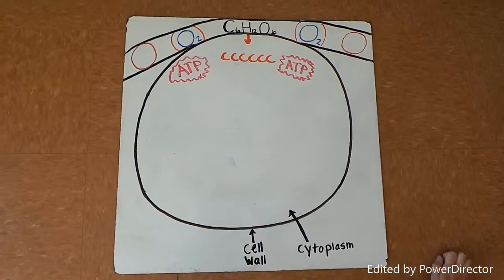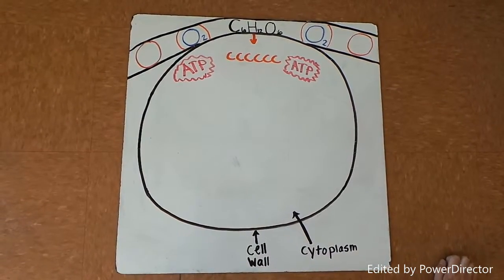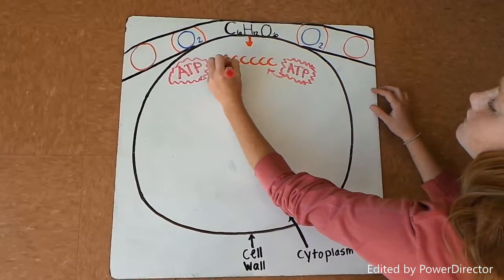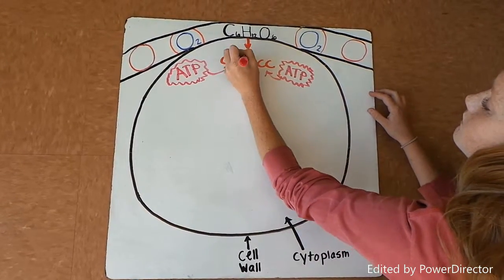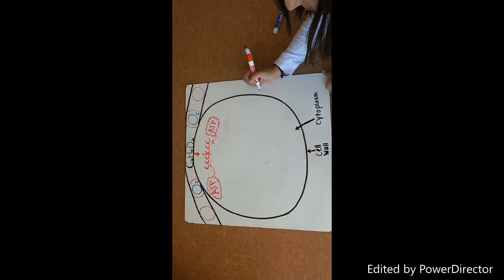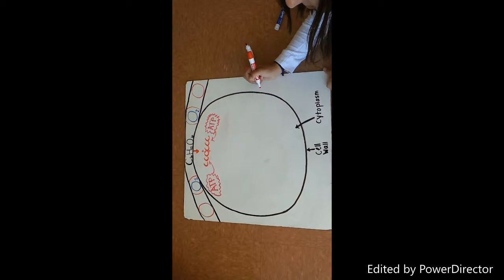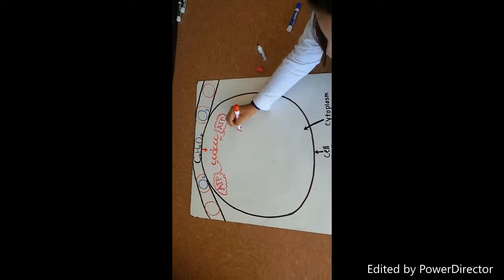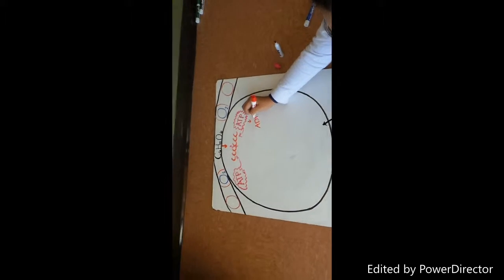Two molecules of ATP are invested to energize and split glucose. The two ATP molecules are now ADP because their phosphates have attached to the two 3-carbon molecules.